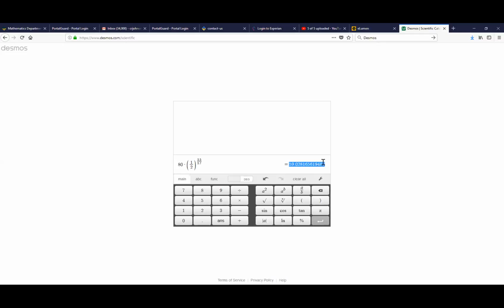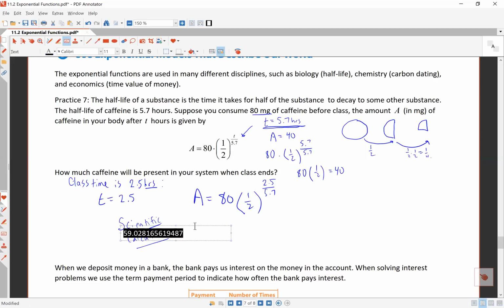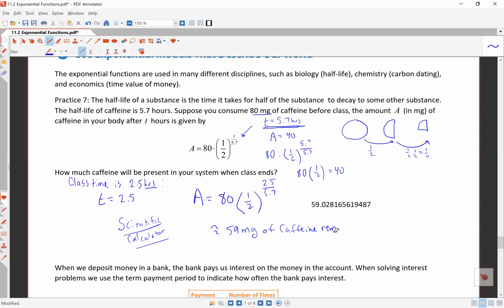We just need to say that's around 59 milligrams. So we would estimate that there's about 59 milligrams of caffeine present when class ends.